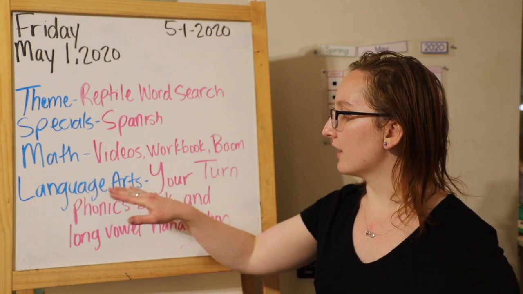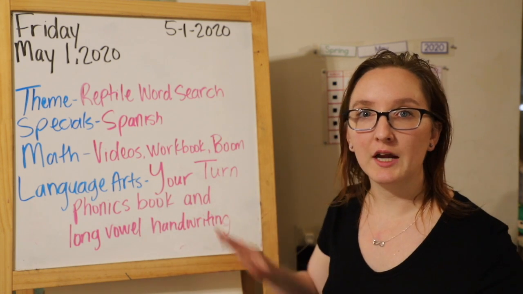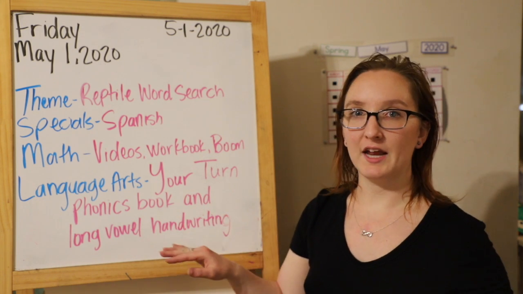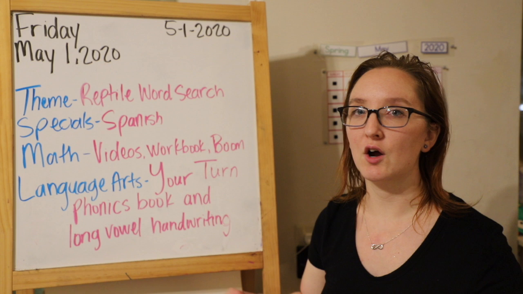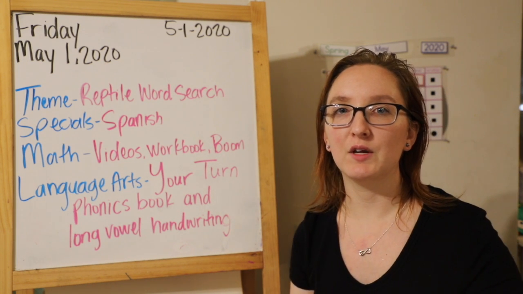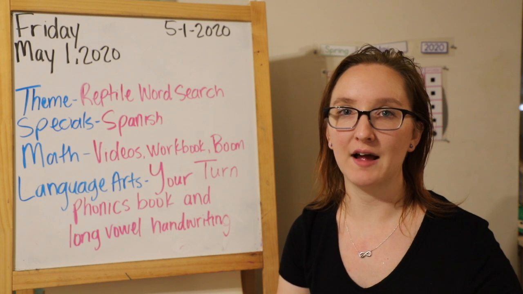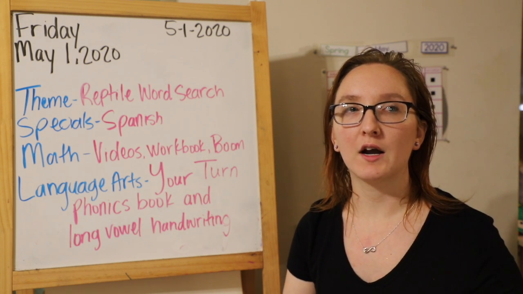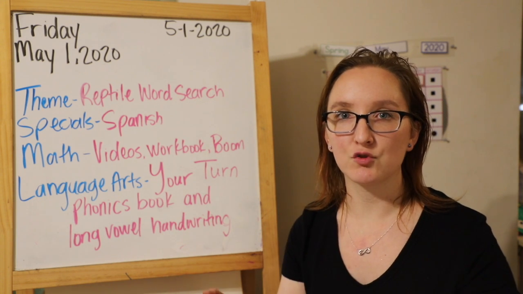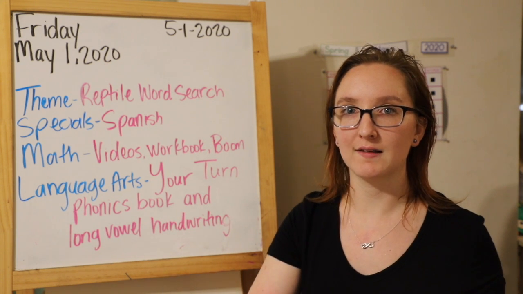For language arts, we are going to be working in our Your Turn book some more. We're going to be reading our phonics book, and we are going to be working on our handwriting as we review these long vowel sounds. So our vowels normally make 2 sounds. We have the short sounds and the long sounds.